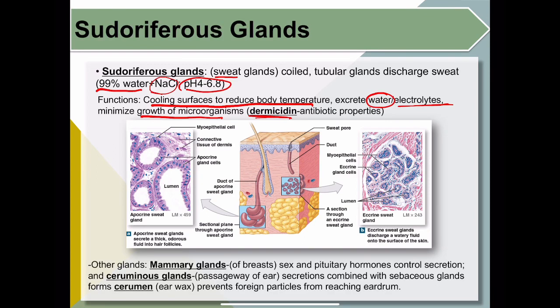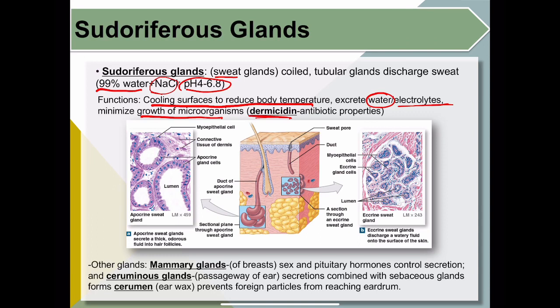Okay, so in some specialized areas of the body, there may be other glands that serve the purpose of that particular area. So sudoriferous glands and sebaceous glands are mainly in the general area of all our skin, but specific localized sections of the body may contain other glands.